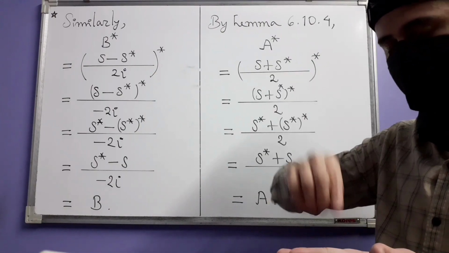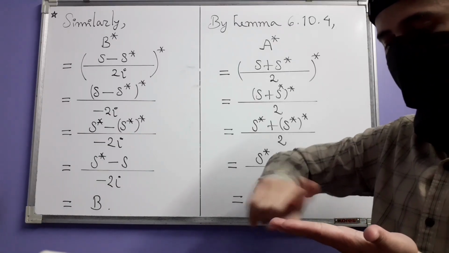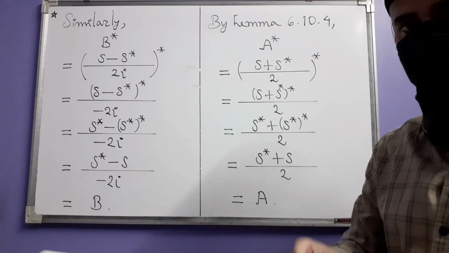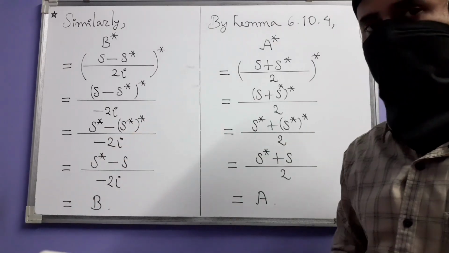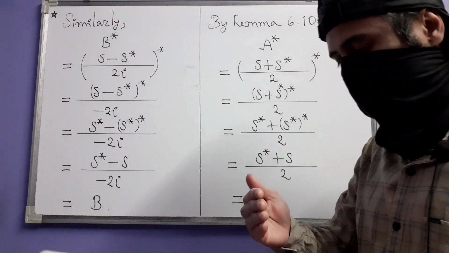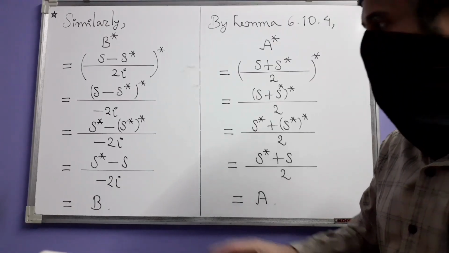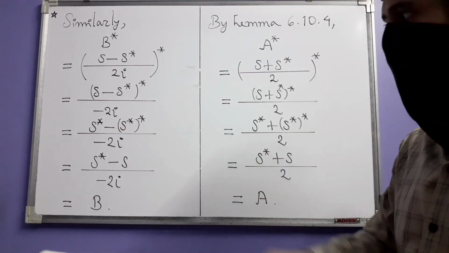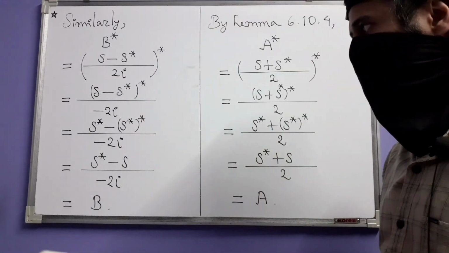So from the star of that, if you take minus 1 outside, then actually its complex conjugate comes out. But that is a real number. So that's how just minus 1 comes out. So that means you are having here minus 1 times S star star. But that you already know equals the negative of this operator. And then here you can again use that property that this is equal to S.